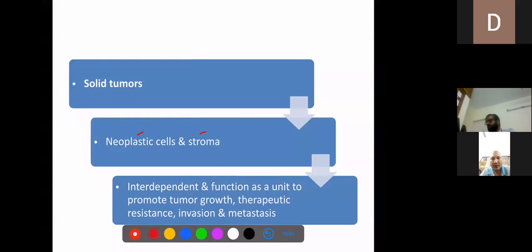That means neoplastic cells and stroma speak to each other. They send the messengers. They send the growth factors. They send the growth inhibitors, and they decide what to do and what are all the possible good ways to increase the tumor growth. And if at all you are going to treat the tumor, how will they plan together and give a resistance, and just neglect the treatment.